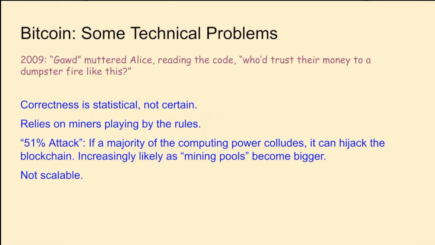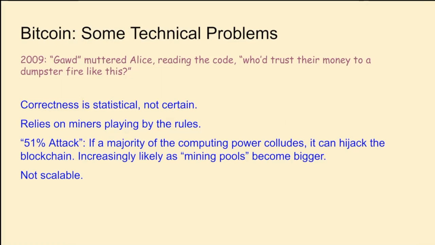Bitcoin and blockchains based on Bitcoin rely in a lot of ways on the miners playing by the rules. So the miners are responsible for sharing transactions that they learn of with other miners. They're responsible for sharing blocks that they've added to the blockchain with other miners.